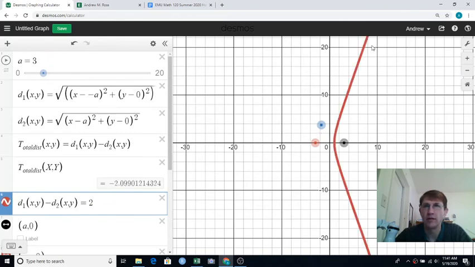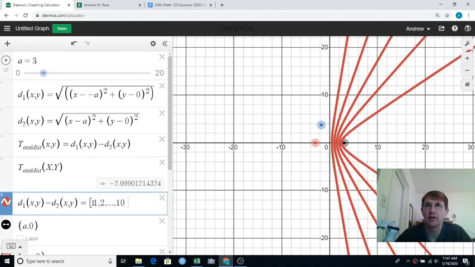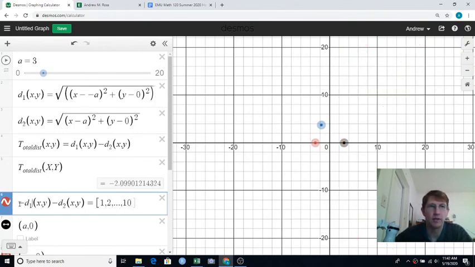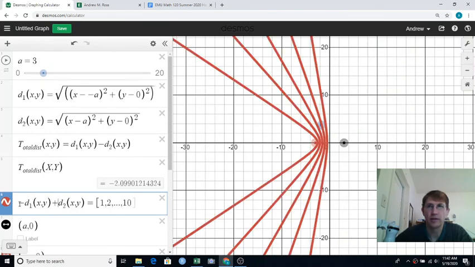There we go. So now instead of an ellipse, we're getting this shape. Any guesses as to what that is? It kind of looks like a parabola, but it's actually a hyperbola. And if we change that 2 to something like 1, 2, ... 10, we get a whole family of hyperbolas. If we had done the subtraction the other way, so if we put a minus here and a plus there, we get hyperbolas on the other side.